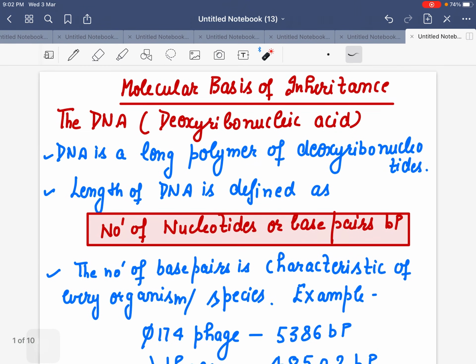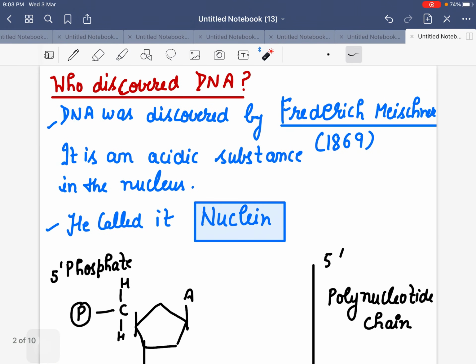Now we have talked about DNA, and the definition is done. Who discovered it? The first time it was not Watson and Crick. In one-word MCQs we make mistakes because only Watson and Crick are going around in our mind. But the first time, DNA was discovered by Friedrich Miescher in 1869.